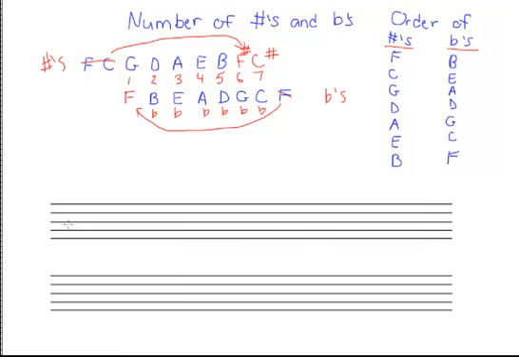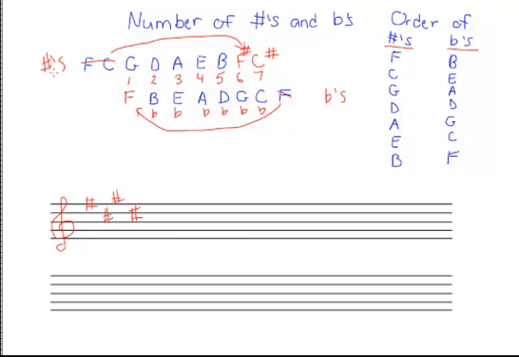Now let's use an example, now that we've rearranged this. Remember that these are our major keys now, so this would be the key of G major with 1 sharp. If I have a key signature with sharps, here we have a key signature with 4 sharps.